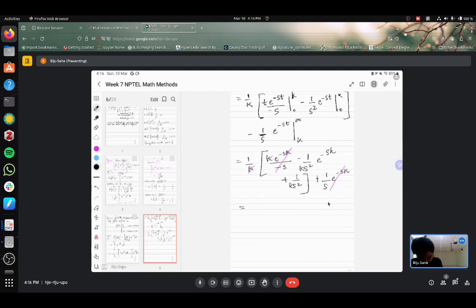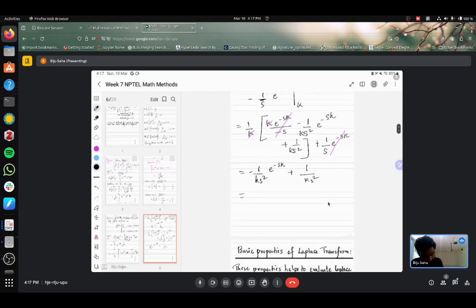so minus 1 by k s square e to the power minus sk, and then plus 1 by k s square. So let's take this 1 by s square outside.